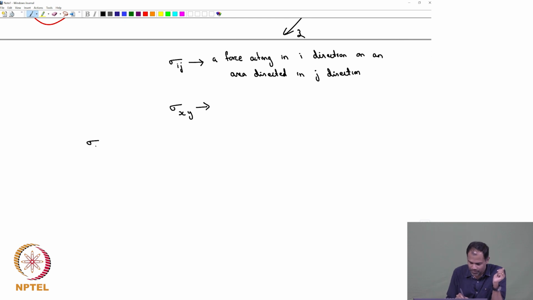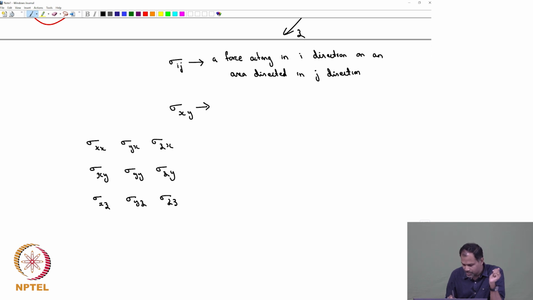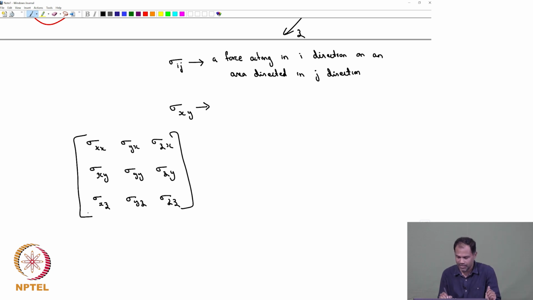So, you will have a sigma xx, sigma yx, sigma zx, sigma xy, sigma yy, sigma zy, sigma xz, sigma yz, sigma zz. Okay, there will be 9 components of the stress and it is often conveniently represented as a matrix, and that can be simplified, or that basically constitutes 2 parts.